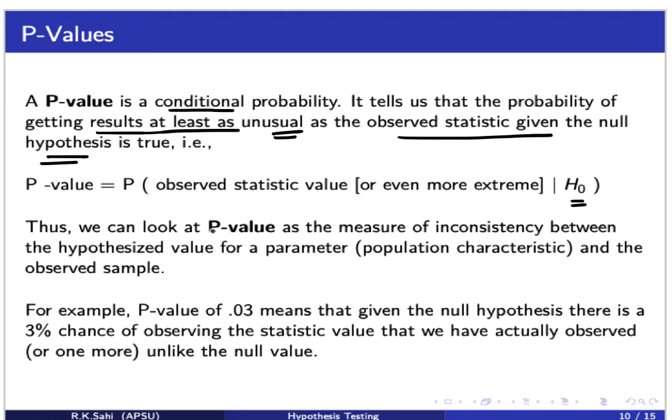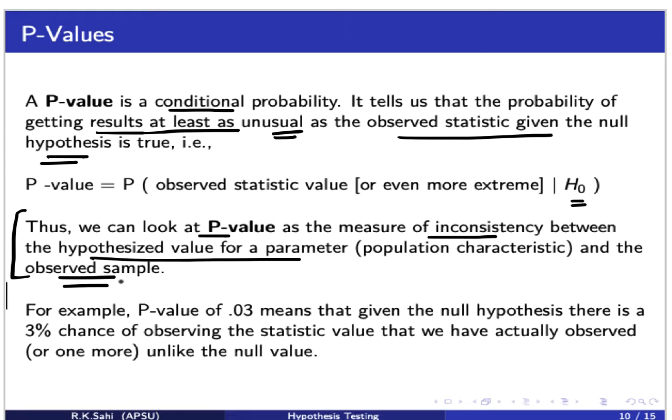So you can think of a p-value as a measure of inconsistency between the hypothesized value for the parameter and the observed sample statistic. If the hypothesized value and the observed sample are too far apart from each other, given that the claim, which is the null hypothesis, is true, that starts to make us think. And that's where the p-value comes into place.